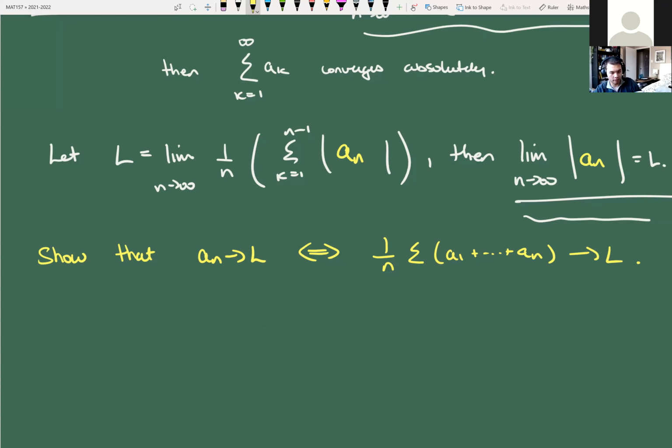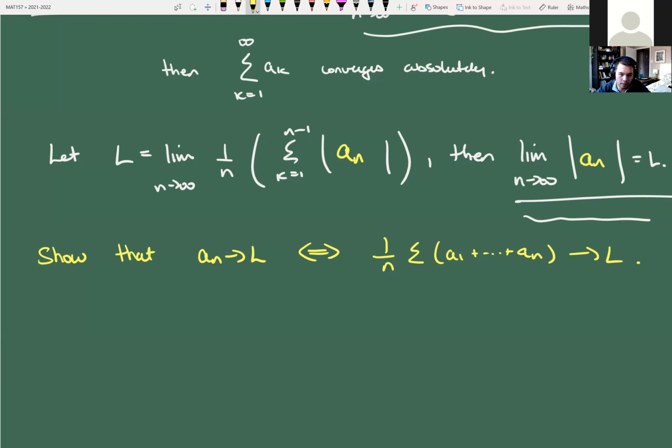Really good, important exercise. Again, it's going to come down to the fact that this thing converges.